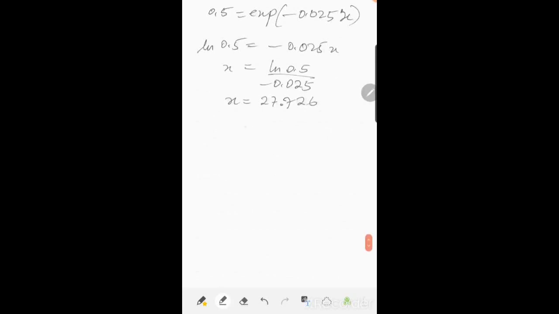Then we look at Gompertz and Makeham's law.